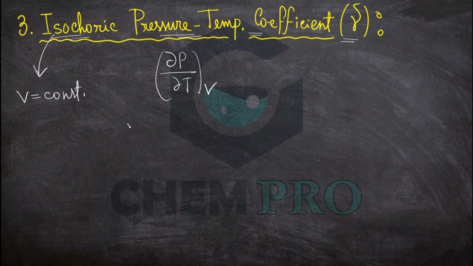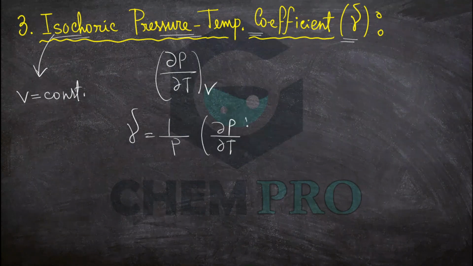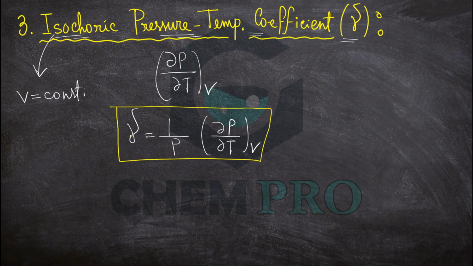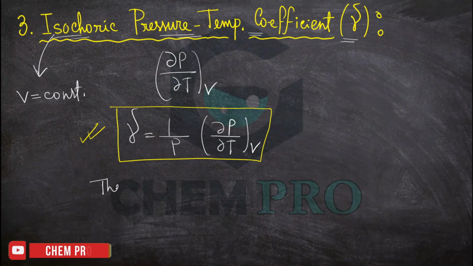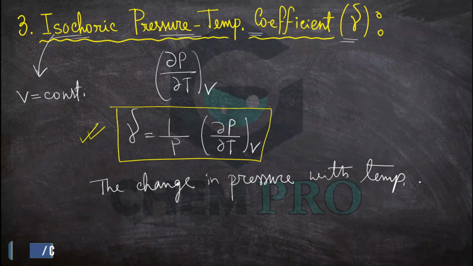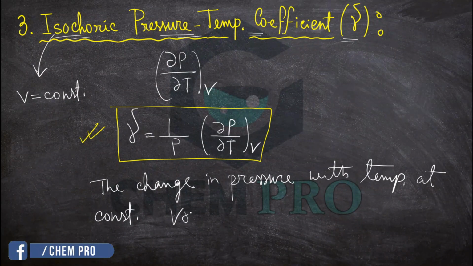So the formula for gamma will be 1 by P into del P by del T at constant V. We have to remember this formula of gamma also. The gamma, or the isochoric pressure temperature coefficient, represents the change in pressure with temperature at constant volume.